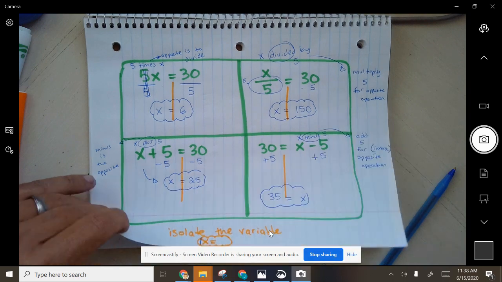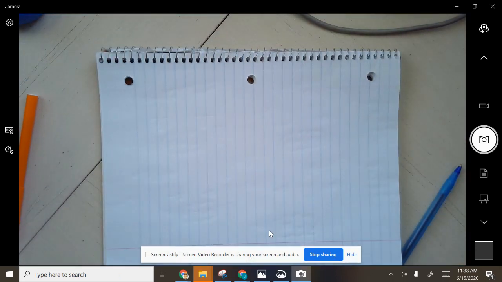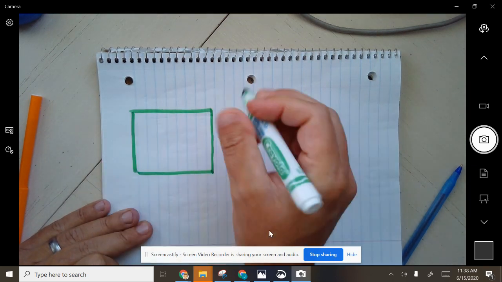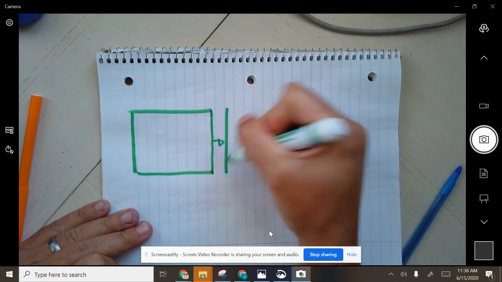Second one, we're going to do a multi-step equation. This is a flow map.